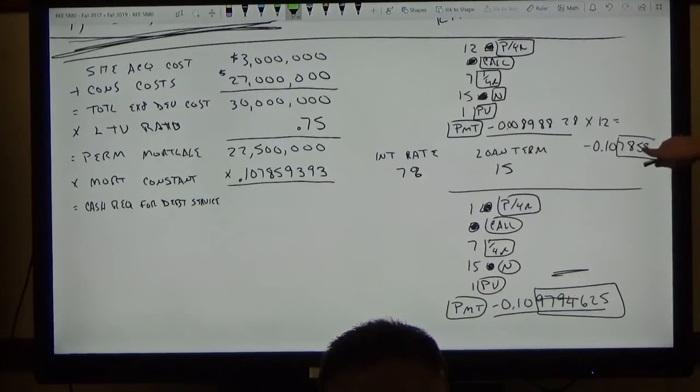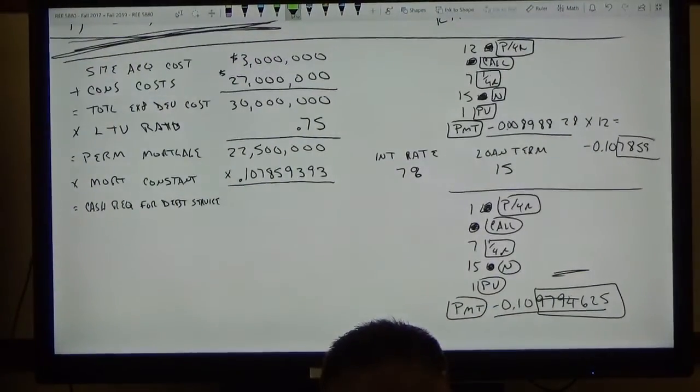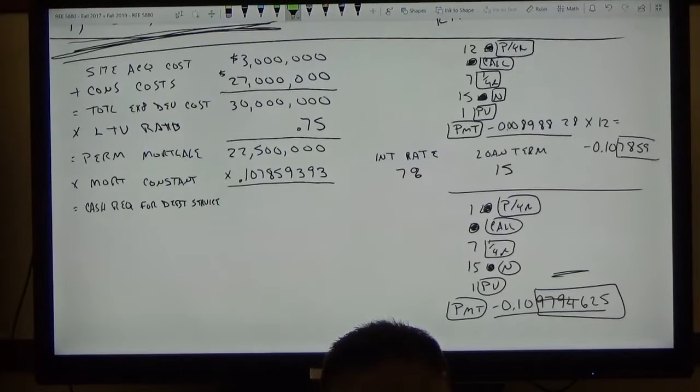Okay, so once again, we've already written the number up here for our mortgage constant. Now we do the math of simply multiplying that times 22,500,000.